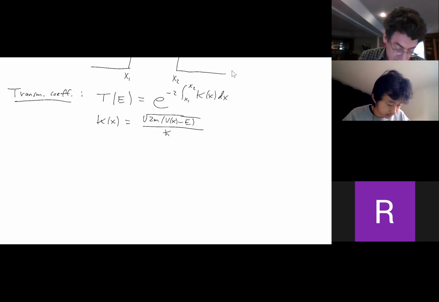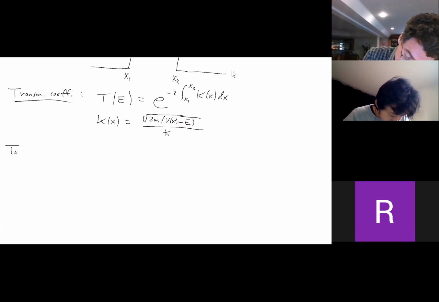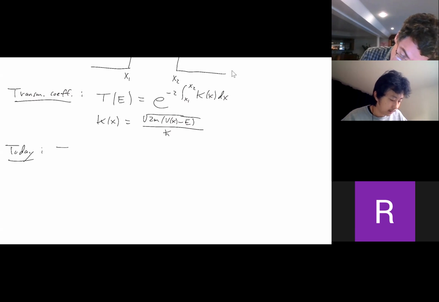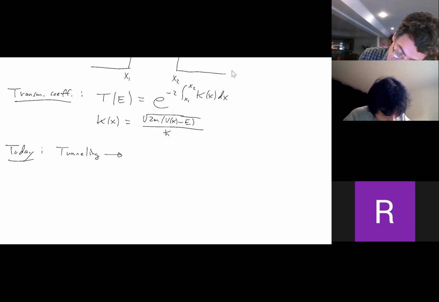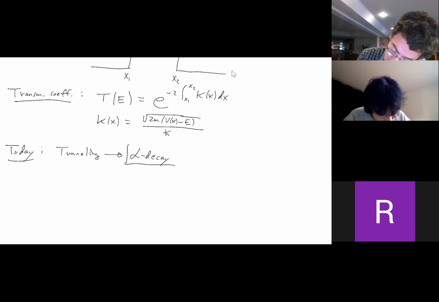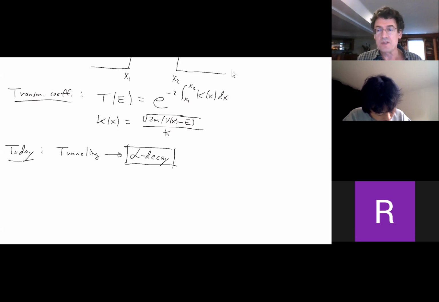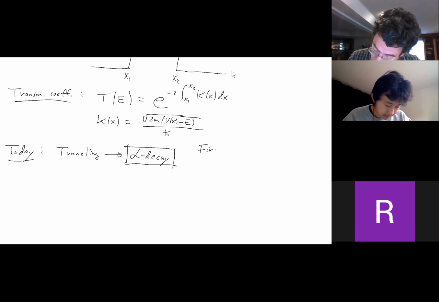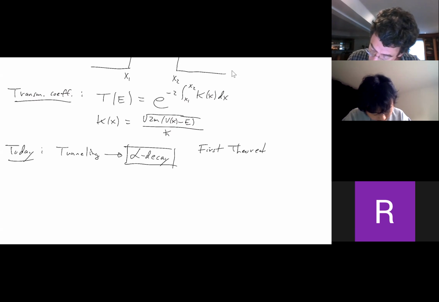And so what we're going to do today is the most famous tunneling example, which is alpha decay. This is a very famous result that came from WKB, and this is really the first theoretical nuclear physics result.